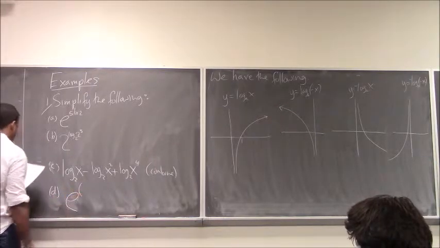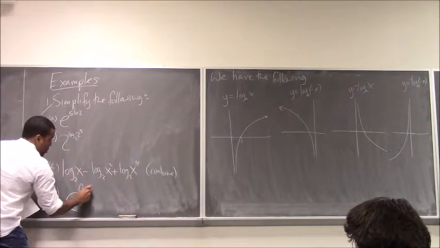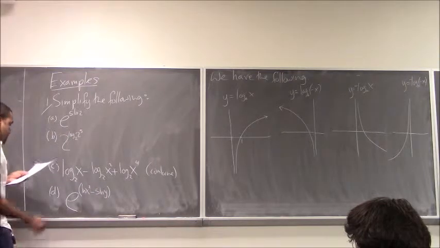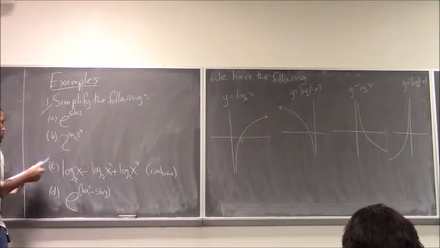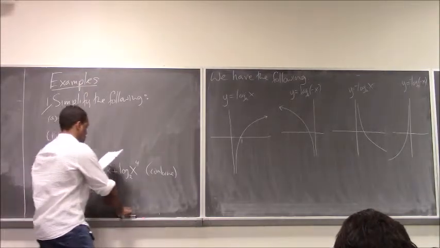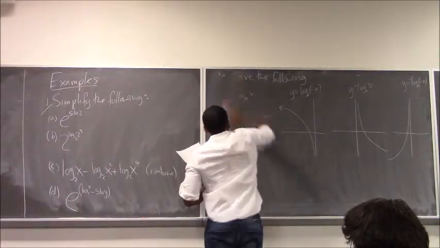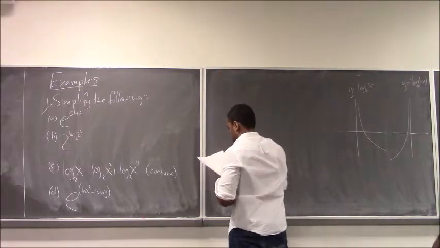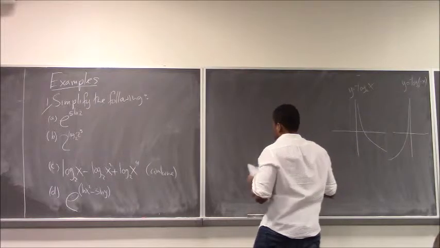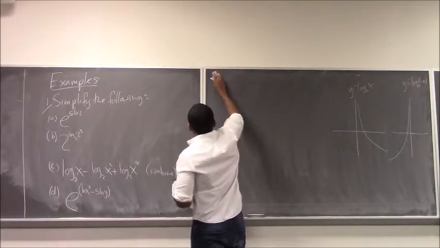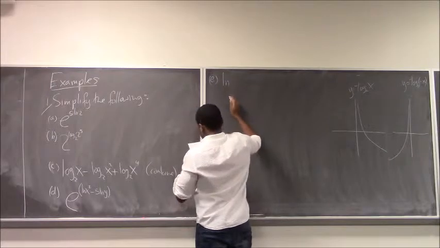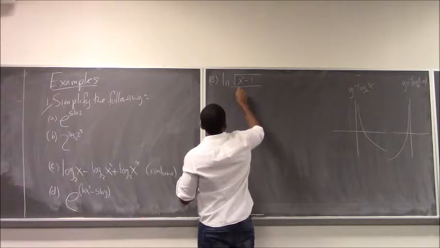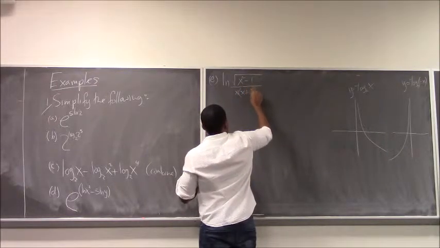E raised to the power ln of x squared minus 5 ln of y. Ln of the radical of x squared minus 1 over x times x plus 2 squared.